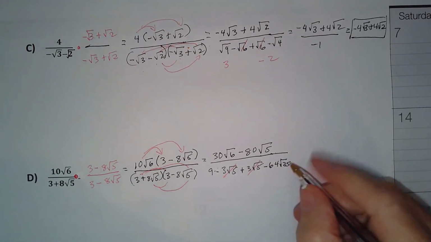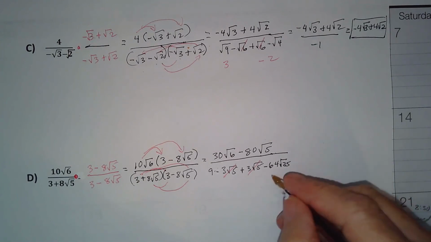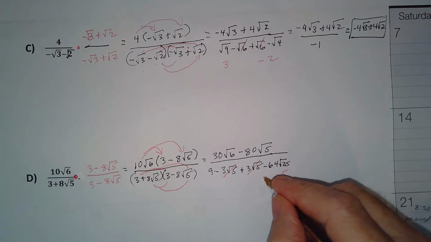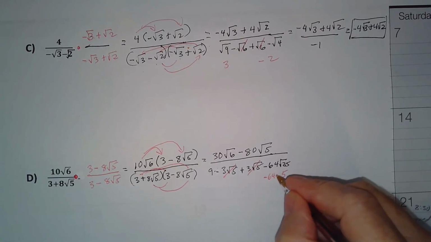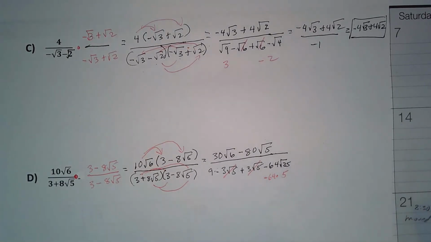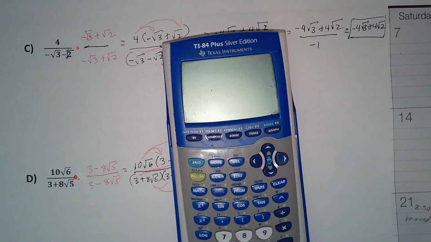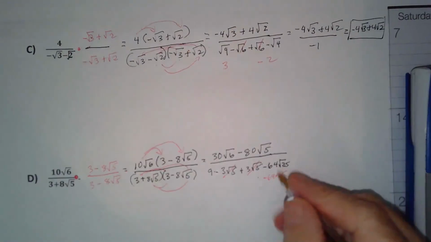And this square root of 5 is really 5, right? So this is really negative 64 times 5. And negative 64 times 5 is negative 320. So this becomes negative 320.